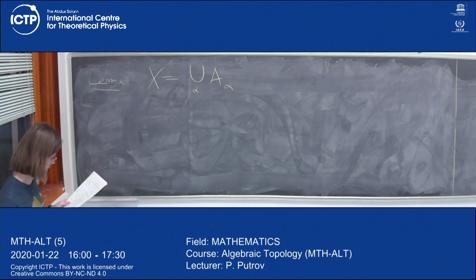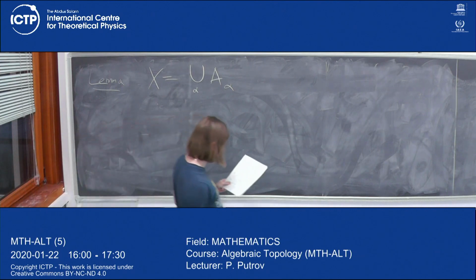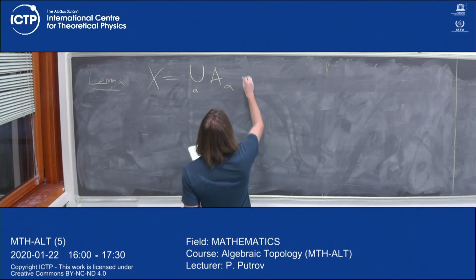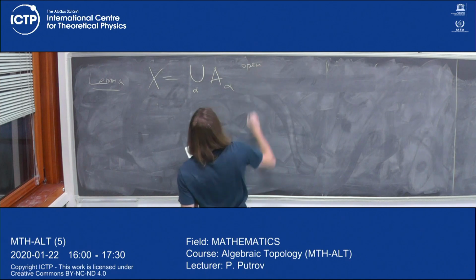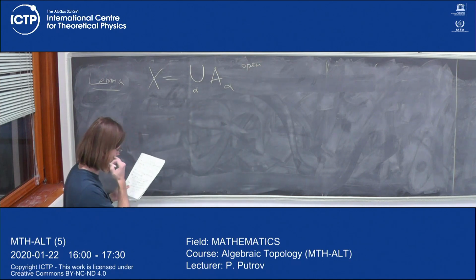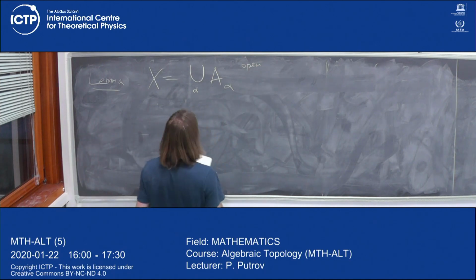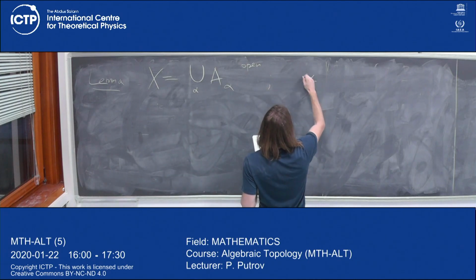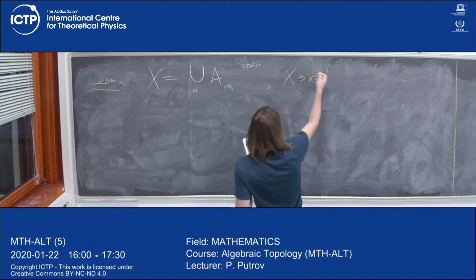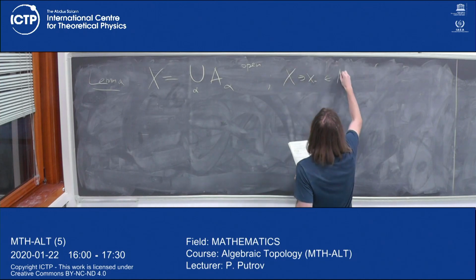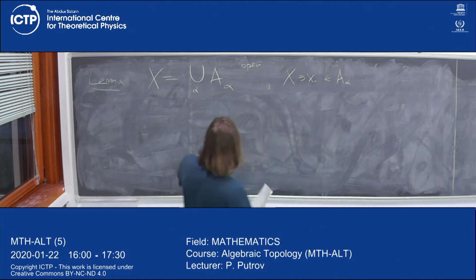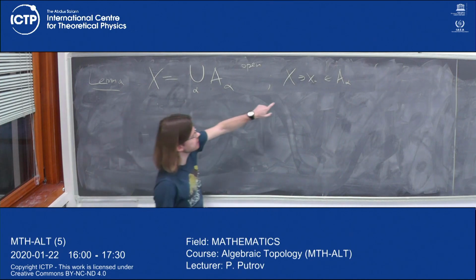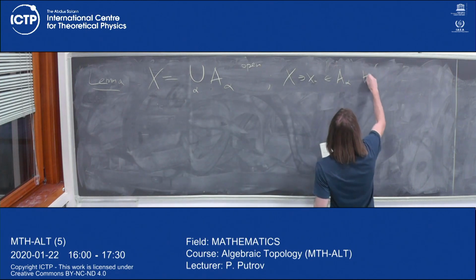So let X be covered by a union of open sets A alpha, and let me fix some point x0 in X, and we want that each of these open sets contains this point.